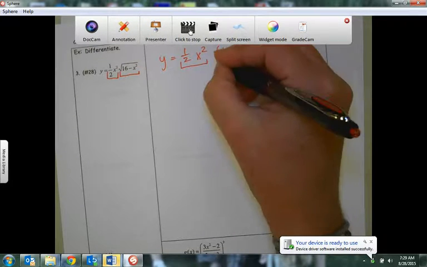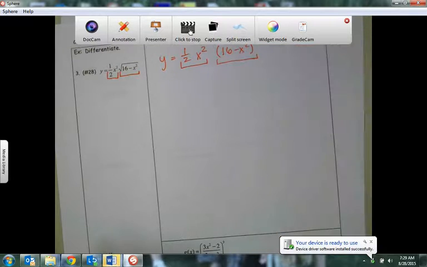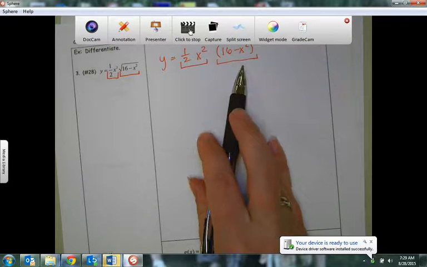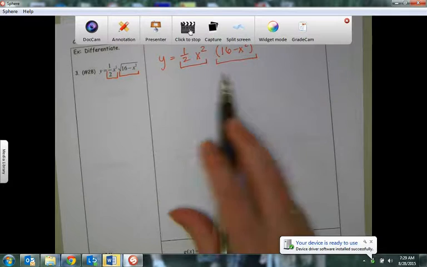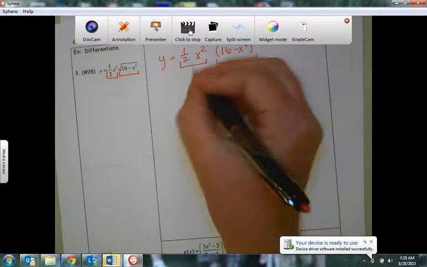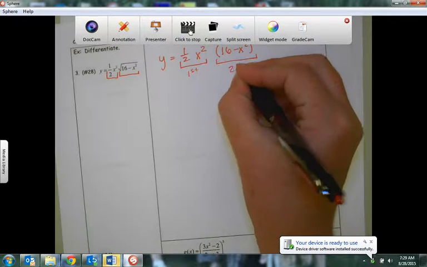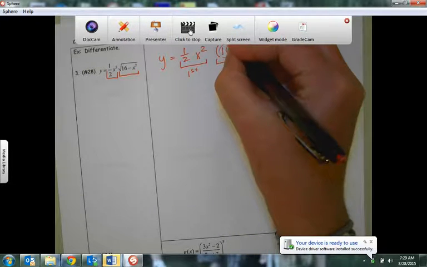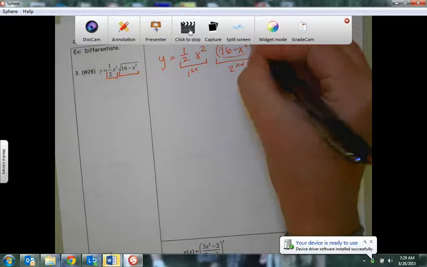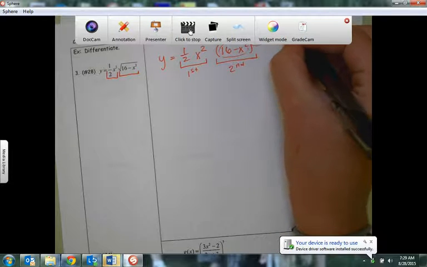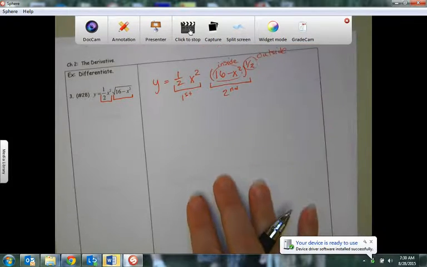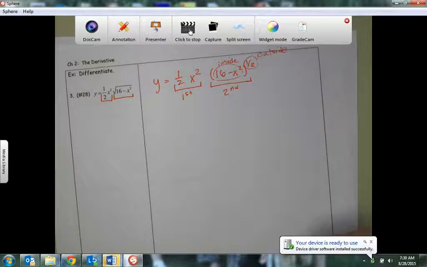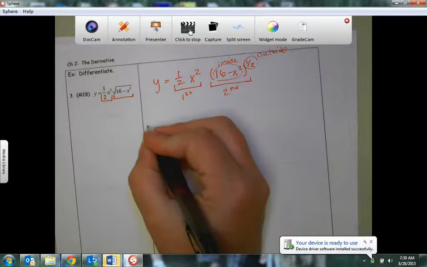So I will have a product, and within the product, I'm going to have a chain. So this is my first, and this is my second. In the second, this is my inside, and that's the outside. Okay? Okay, let's take our time.